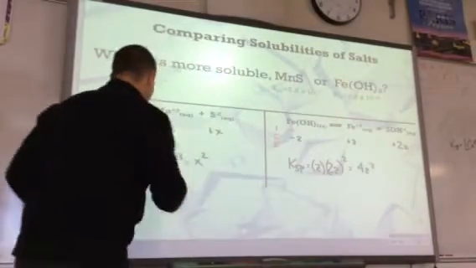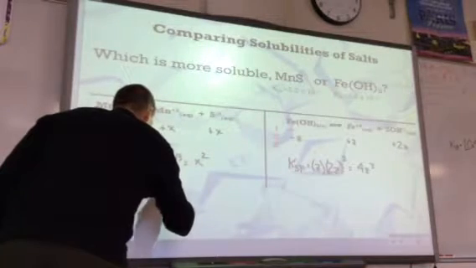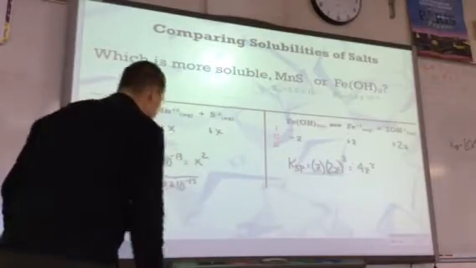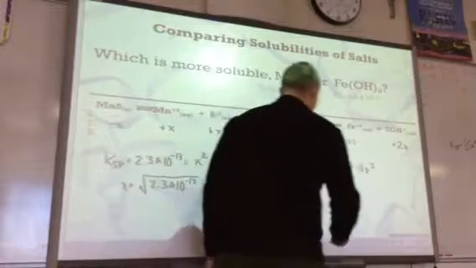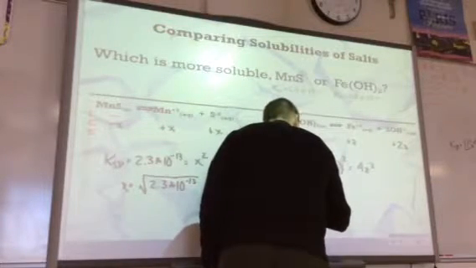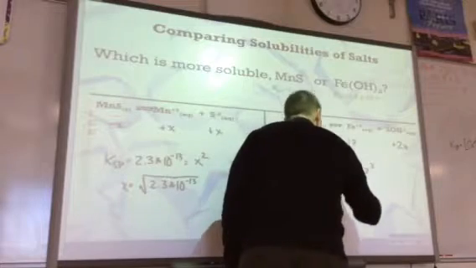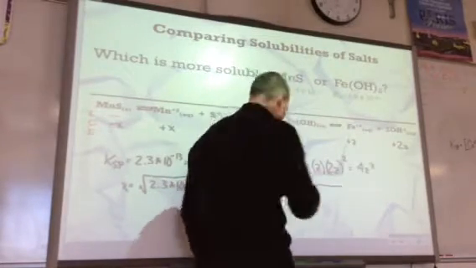So the X term over here, the solubility, is the square root of 2.3 times 10 to the negative 13. Over here, the Z value is going to be the square root of, not the square root, sorry, what root? The cube root.